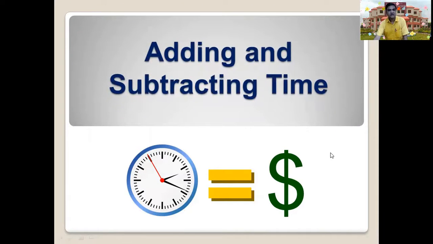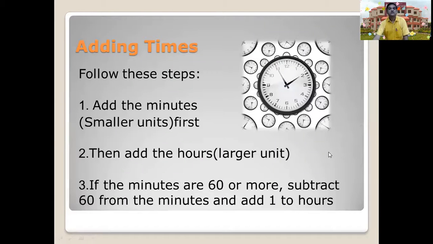So let's get started with adding the time. For adding the time, we are going to add, first of all, the smaller units of time, and then we'll add the larger units of time. If the time is given in hours and minutes, we'll first add minutes and then hours.